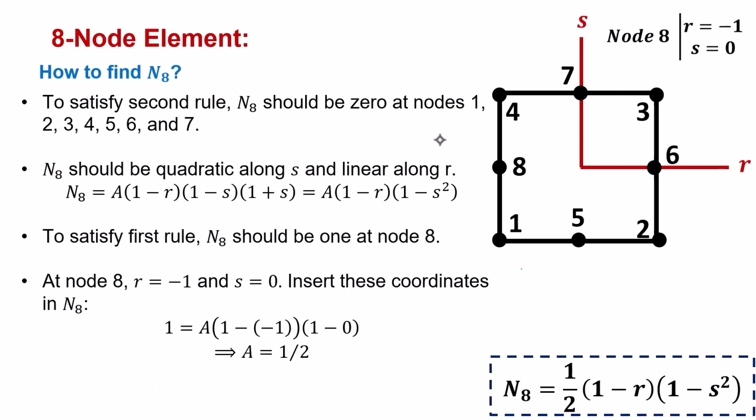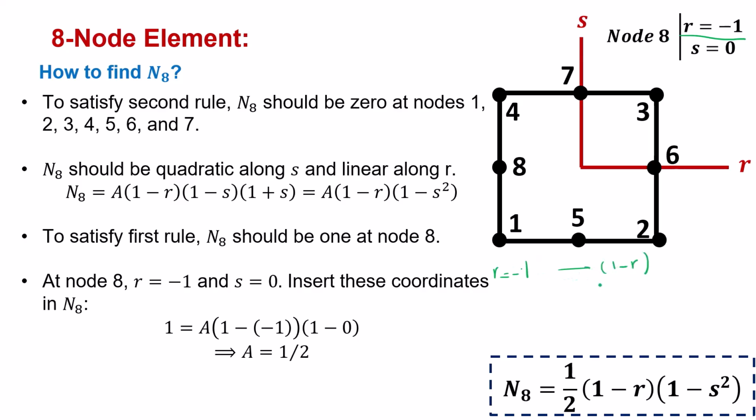Now let's find the shape functions for node 8. Node 8 is located at r equal to -1 and s equal to 0. So to satisfy the second rule, n8 must vanish at all the other nodes, 1 through 7. Along the r direction, since node 8 lies on the left edge where r is equal to -1, the function should include the factor 1 minus r.